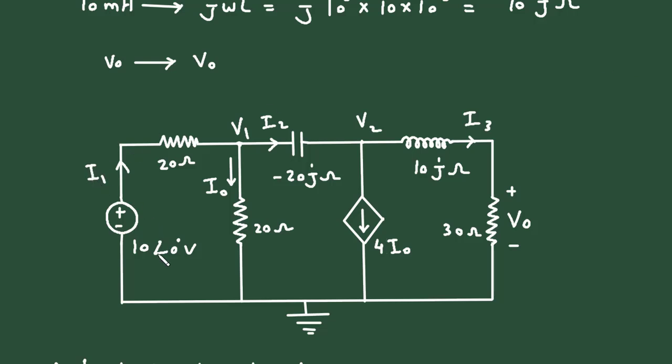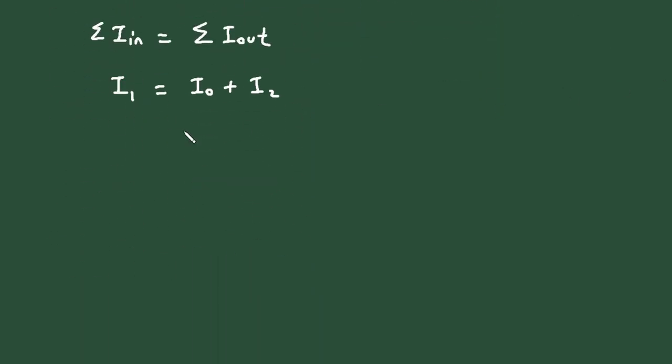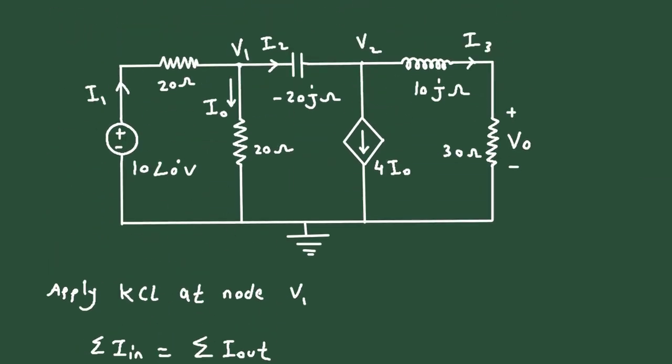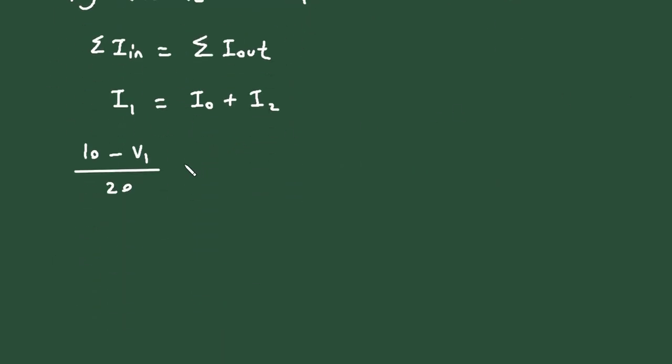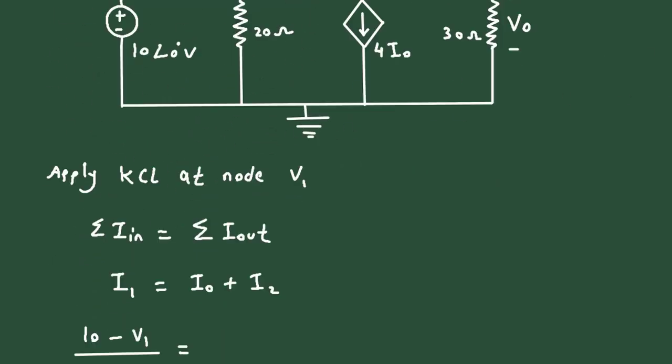Now this I1 will be (10 minus V1) divided by 20, is equal to Io.